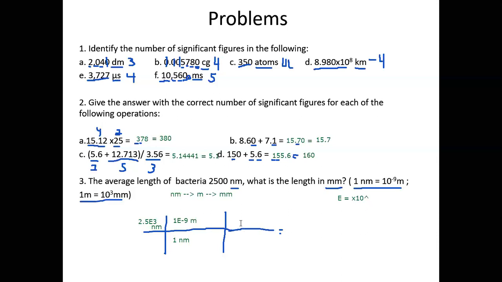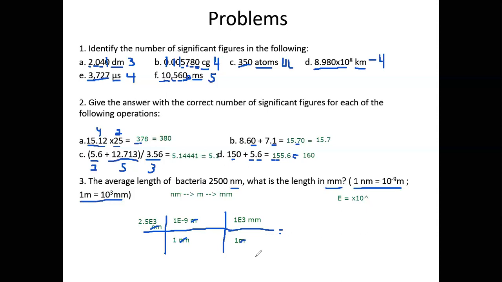Now in the final train track, we're going to go from meters to millimeters. So again, on top to the left is meters, so it goes on the bottom. And millimeters goes on top. And so you see here, everything cancels but millimeter.